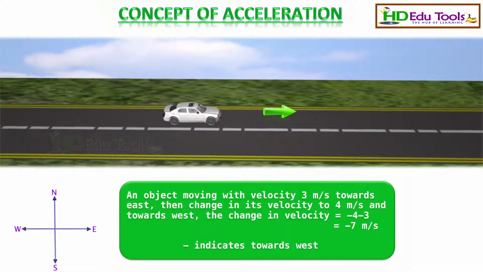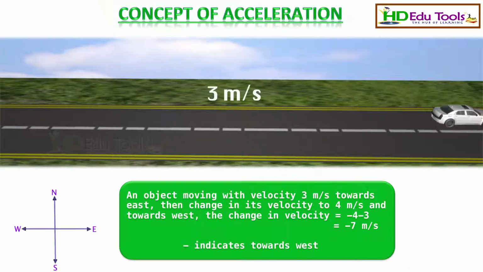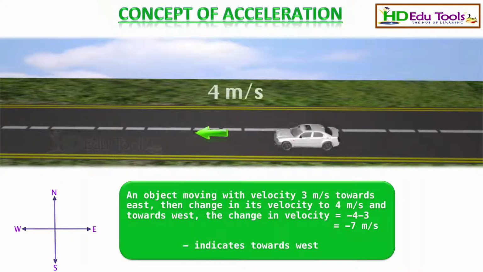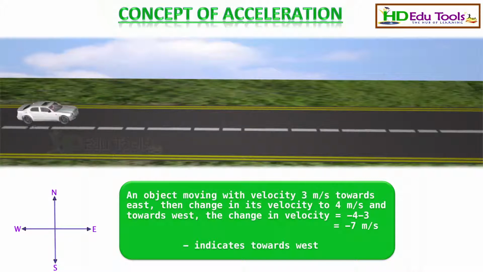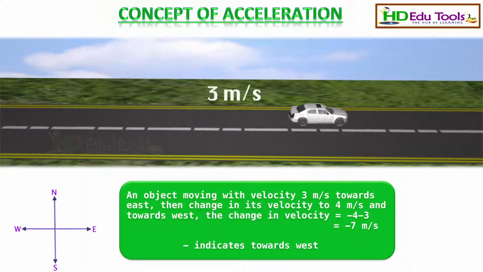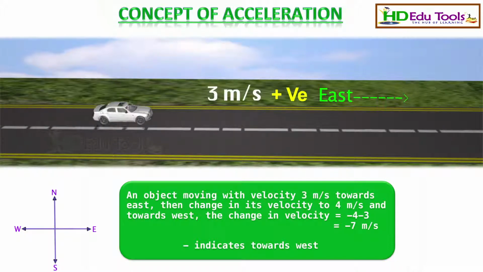An object moving with velocity 3 meter per second towards east, then changes its velocity to 4 meters per second towards west. Then what is change in velocity? Initially it is moving with velocity 3 meters per second towards east. This velocity is positive.